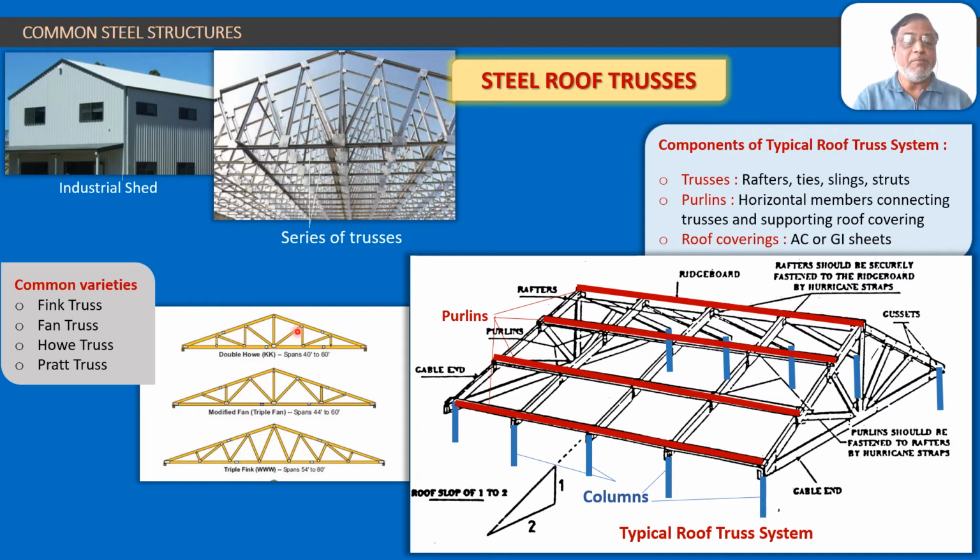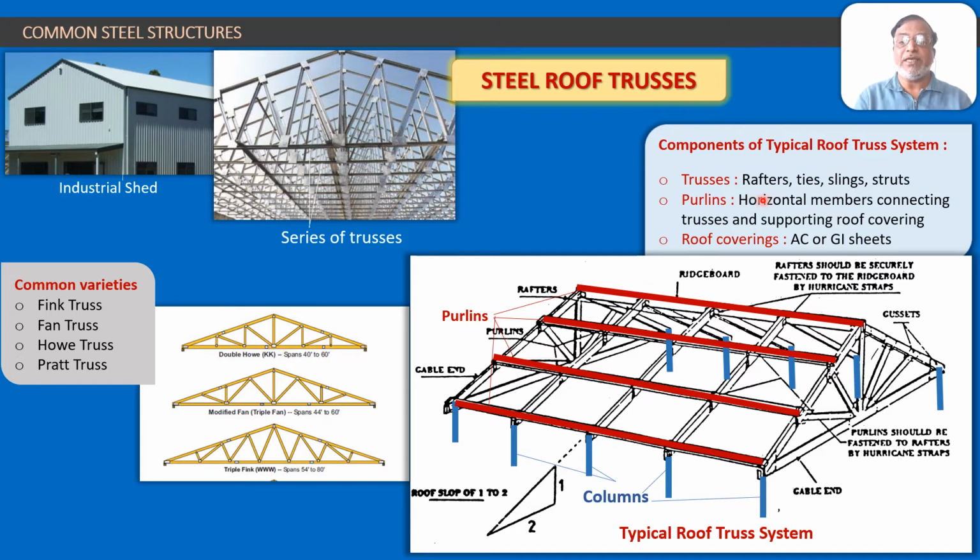Now these internal members, some of them vertical, some inclined, are called struts and slings. Struts are the members which are in compression and slings are the members which are usually in tension due to downward loads.